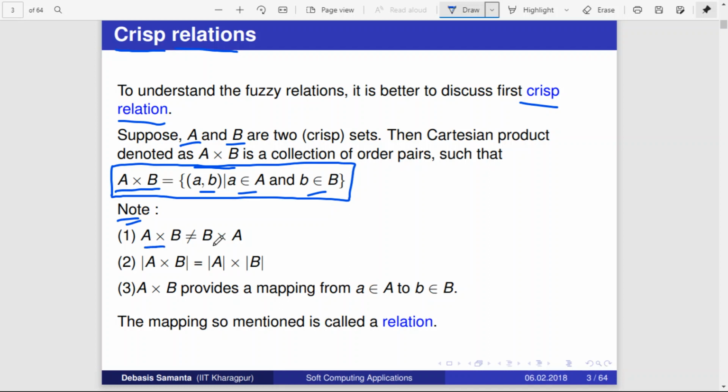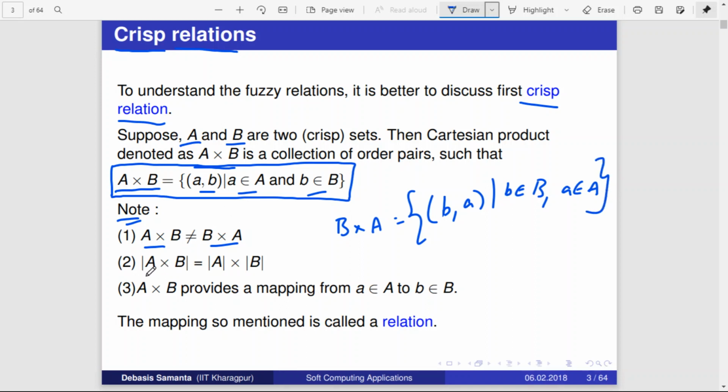A cross B is not equal to B cross A. B cross A will be the pairs (b, a) such that every element b belongs to B and every element a belongs to A. So A cross B is not equal to B cross A.